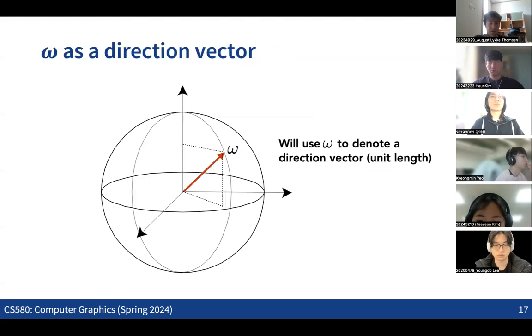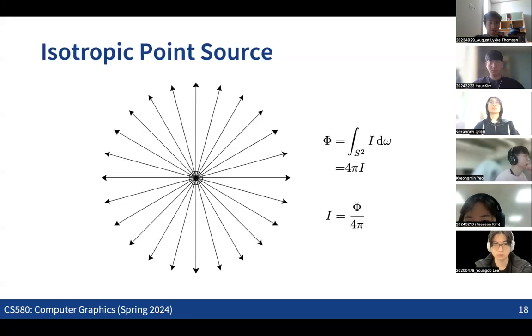For the rest of the slides, we're going to use this omega as a mathematical denotation for a directionality vector. Also, what we can see here is that if we have a light source emitting light with uniform intensity into all directions, and this is the amount of flux emitted by the light source.